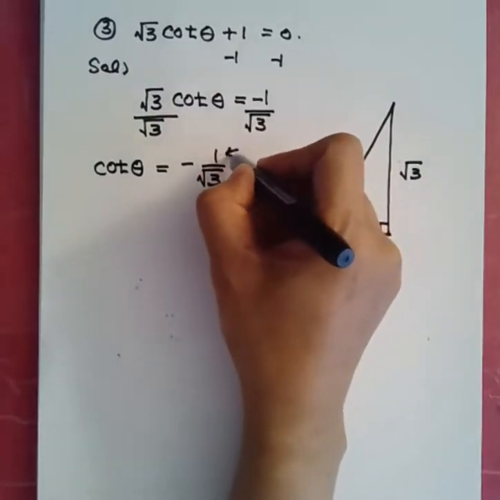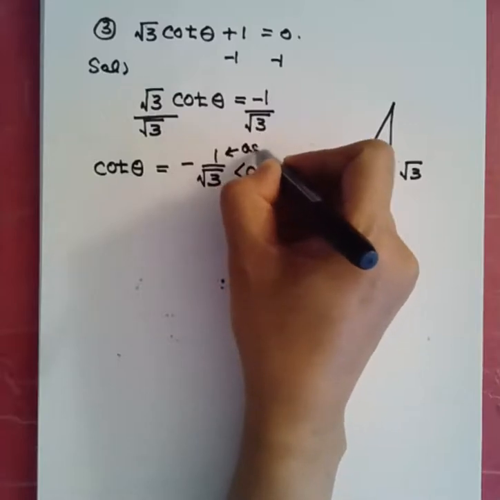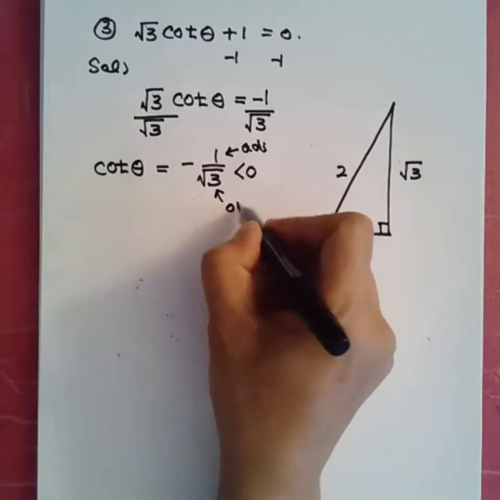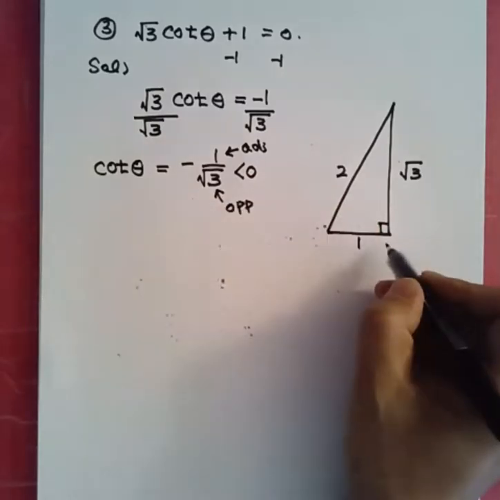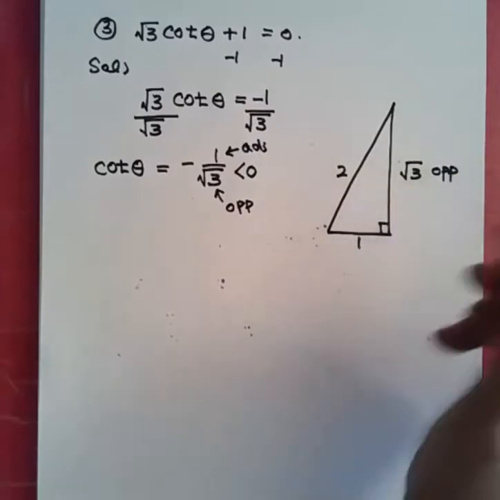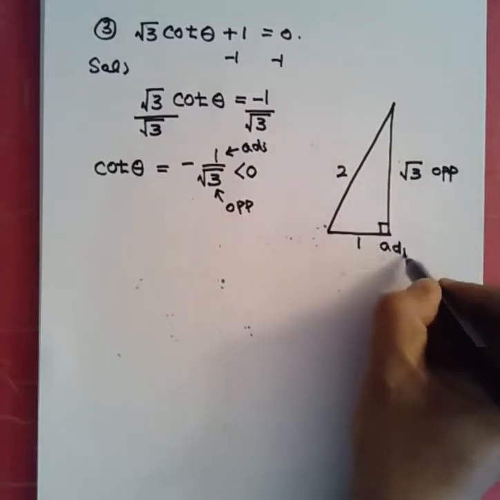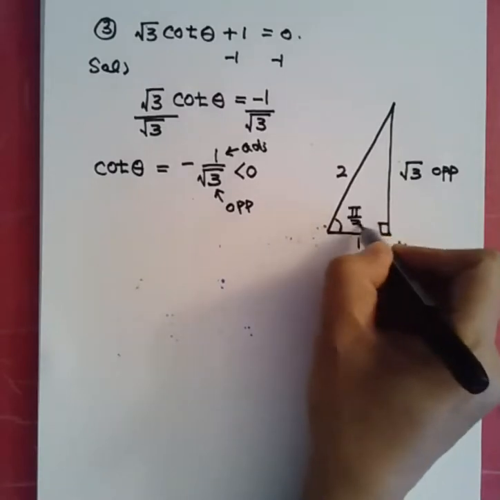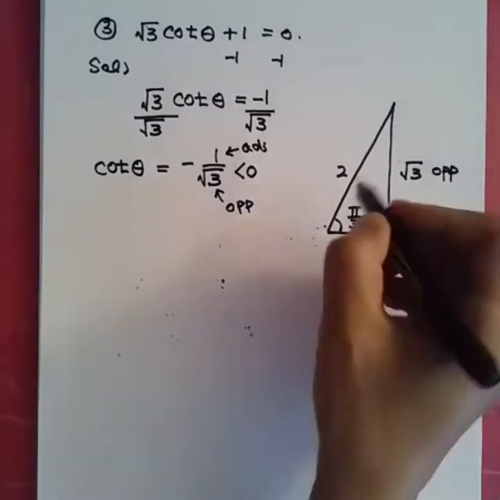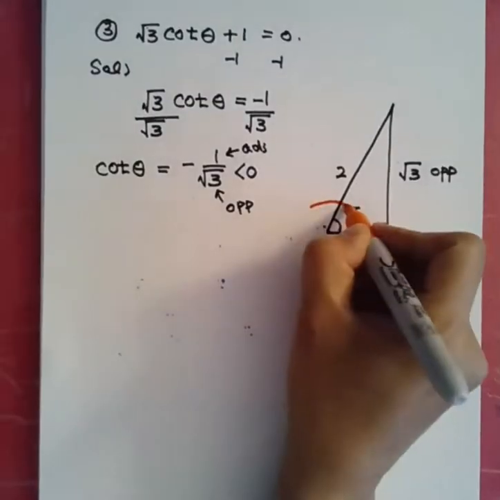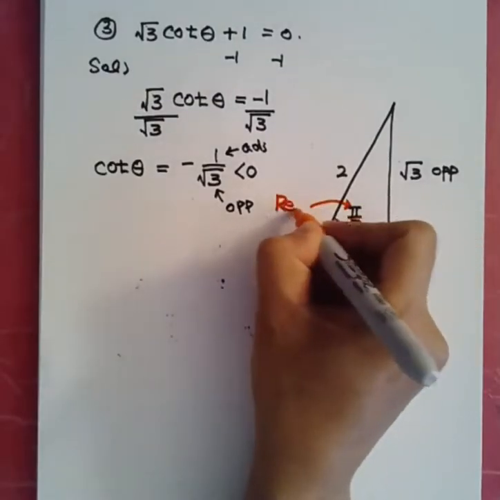We are thinking about cotangent, so 1 is adjacent and square root of 3 is opposite. So square root of 3 is opposite and 1 is adjacent to the angle pi over 3. This pi over 3 is the reference angle.